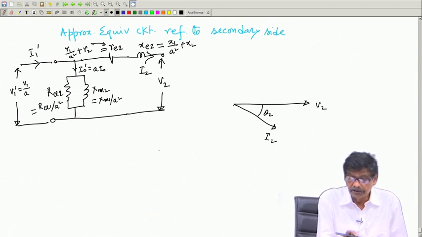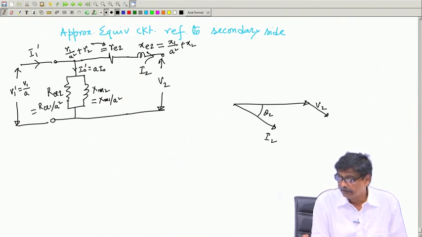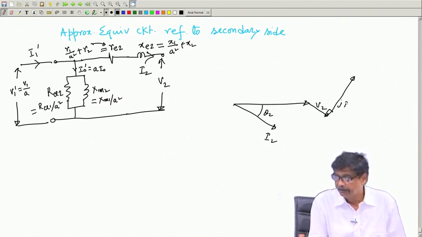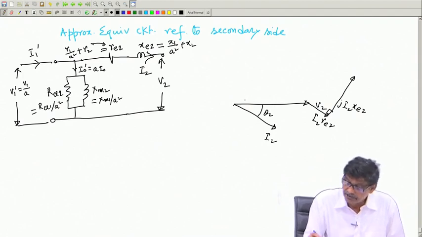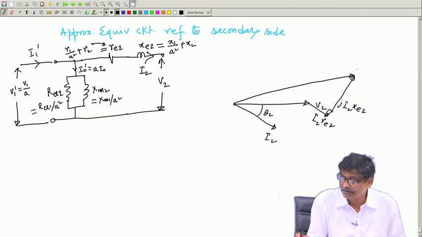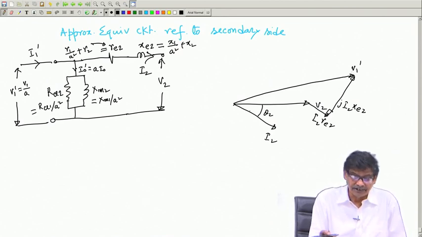Then to V2 you add this drop I2 RE2 plus, at an angle of 90 degrees, j I2 XE2, and this is I2 RE2, and then you will get this V1 dashed.